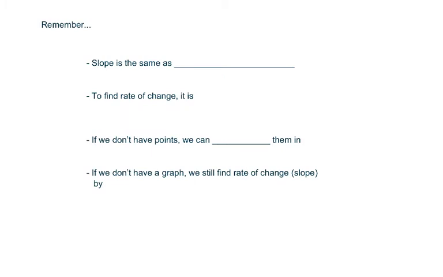Last thing before I go, just to check in to make sure we know these before we get into our Khan Academy assignments. Slope is the same as rate of change. Good. To find the rate of change, what do we have to do?